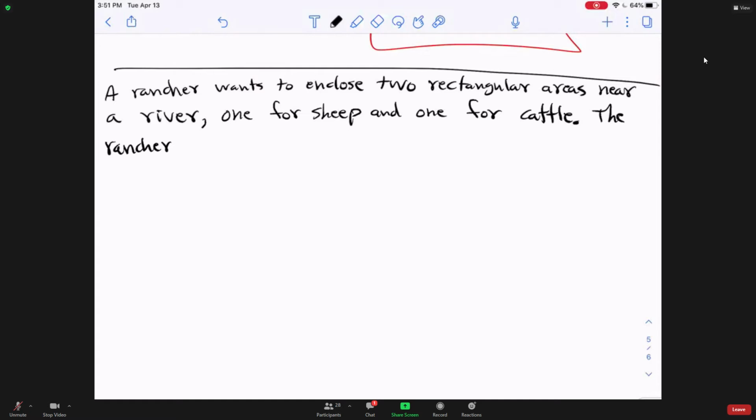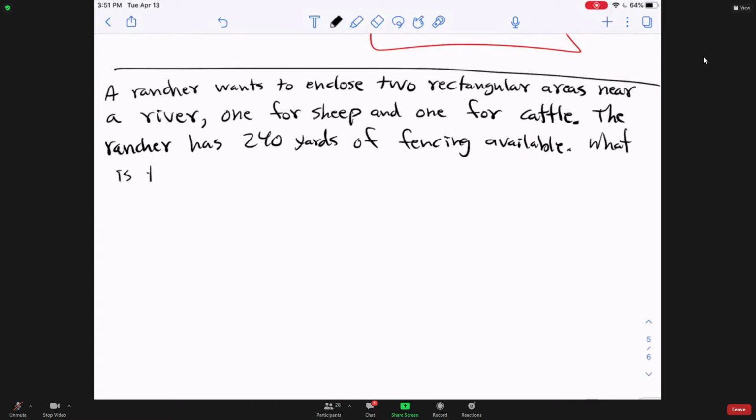The rancher has 240 yards of fencing available. What is the largest total area that can be enclosed?